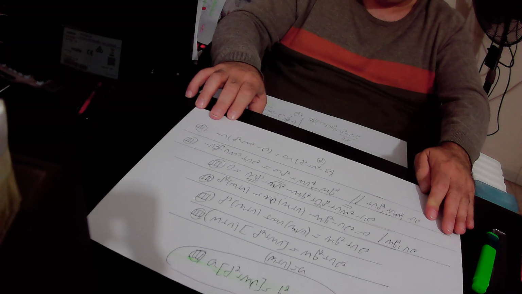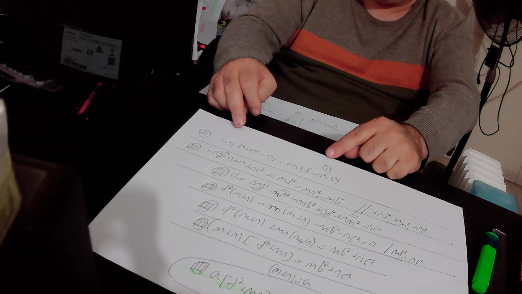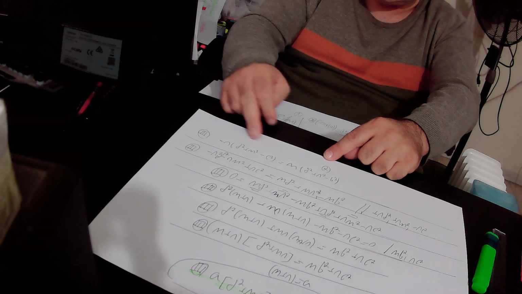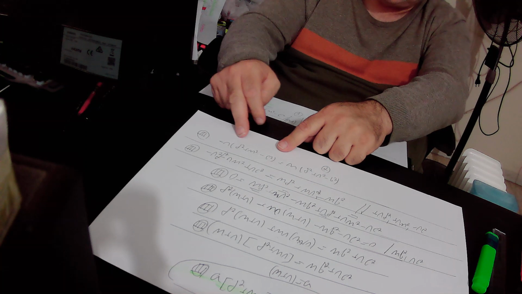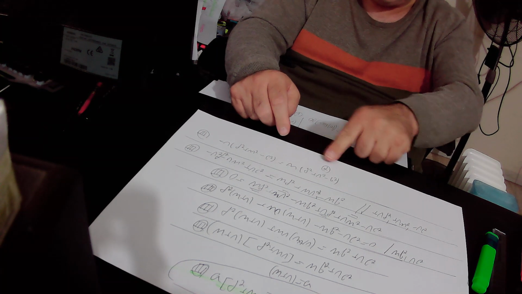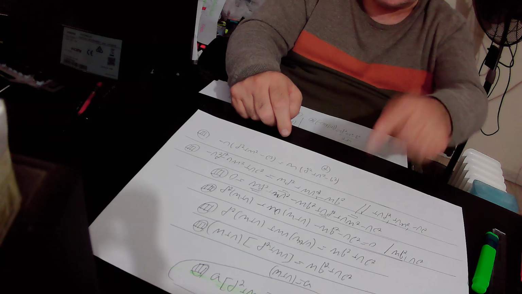Then we open the brackets on both sides of equation number 3, and we found that minus ND square minus NM square, minus N times minus C square is plus NC square, equals MD square plus MN square minus MB square.